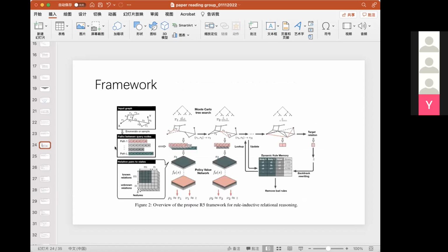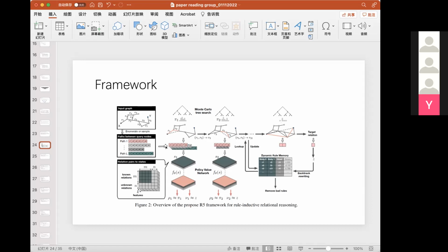Let me just use this as an example. We begin with path 1, and then assume that R1 and R2, according to the dynamic memory module, lead to an unknown relation. Then this unknown relation will be used, so we will have an ID for it.